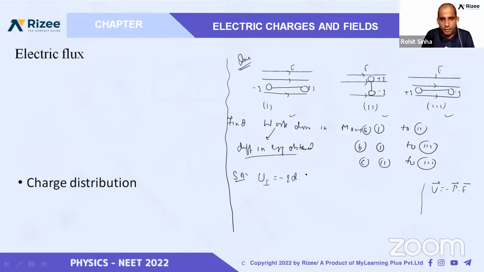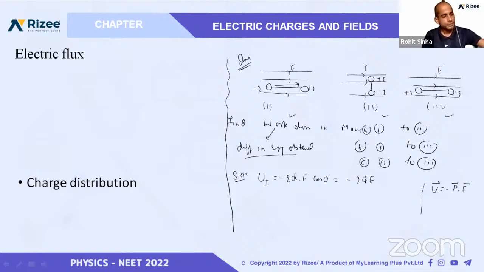E is given as E. Here in the first case you can see that the angle is 0 degrees, so we can write cos 0 degrees. A dot B is AB cos theta. So we get minus QDE. This is the first case.